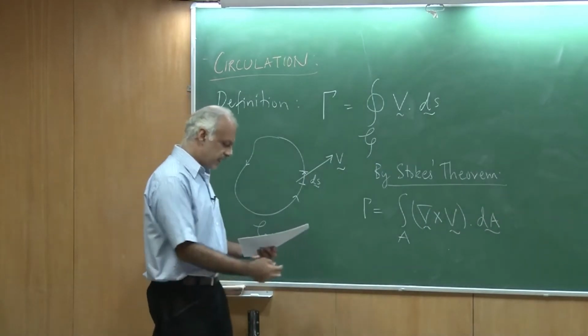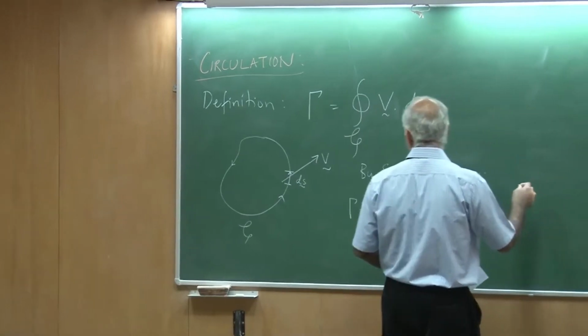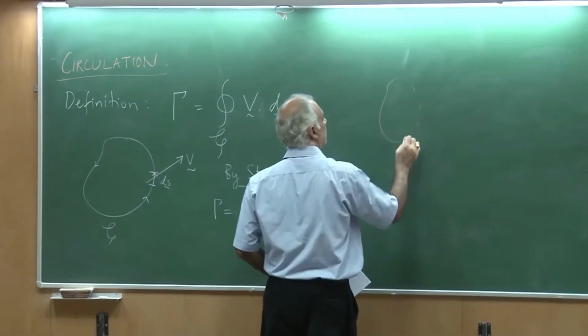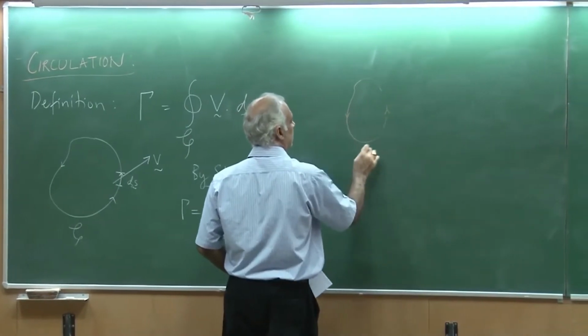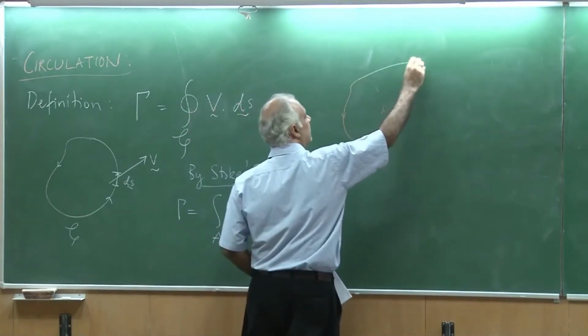So, let me show you with a diagram what this curve is. So, this was my curve C, and now I am enclosing it with an area.